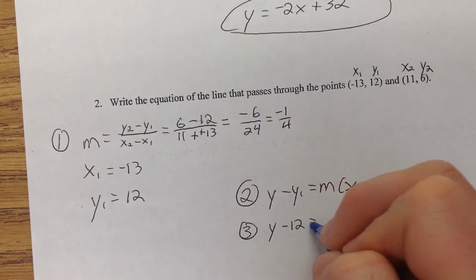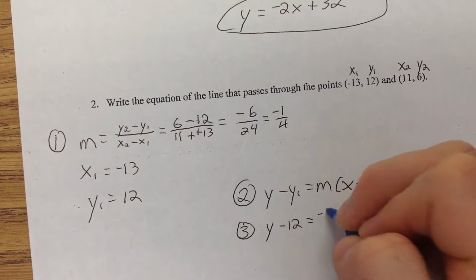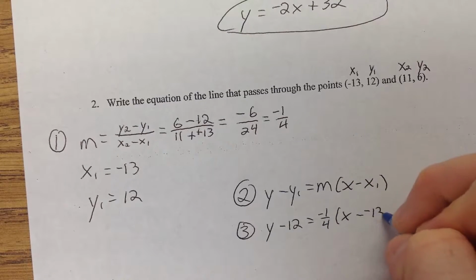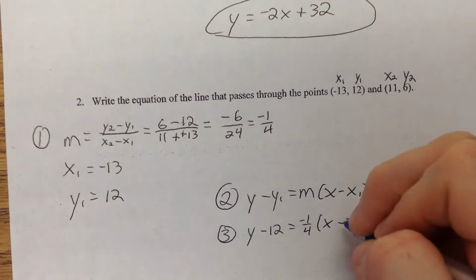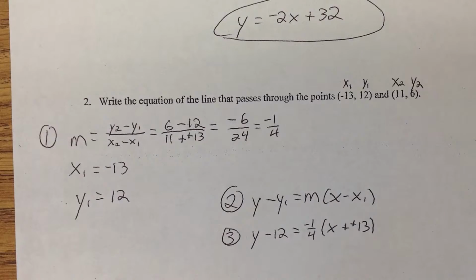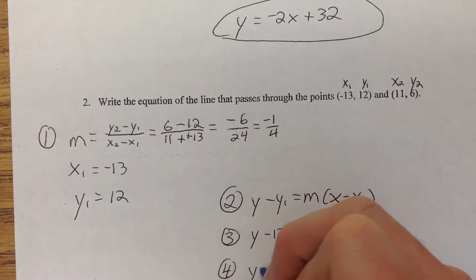So we get y minus 12 equals negative 1/4 x minus a negative 13, which, again, with minus a negative, we're going to change to plus a positive. Okay, step 4 is just to distribute and get the y by itself, so we're going to distribute here.